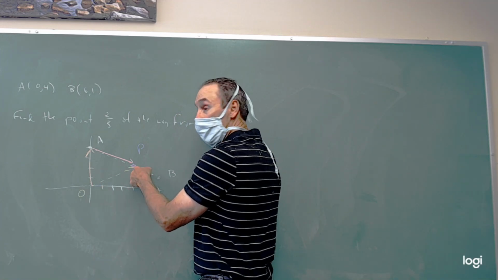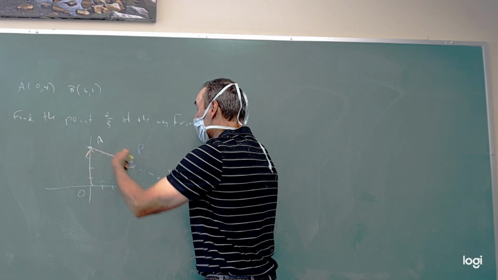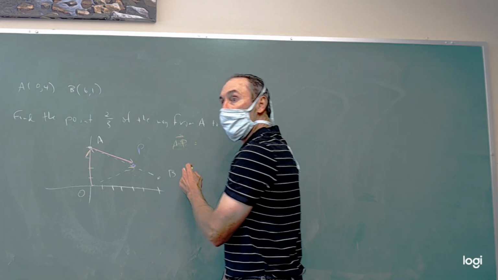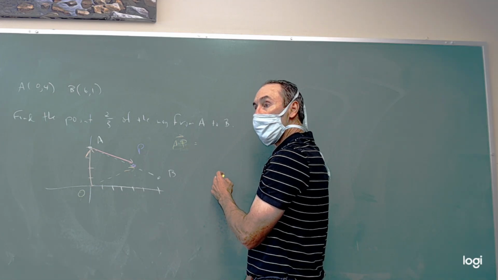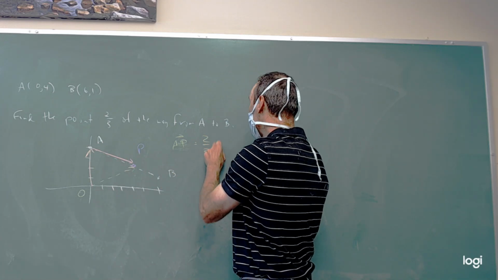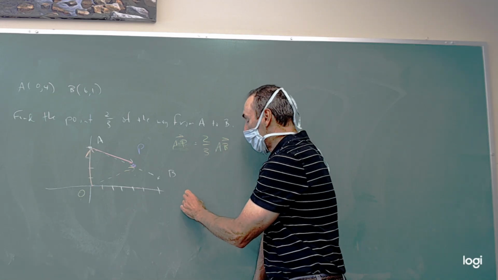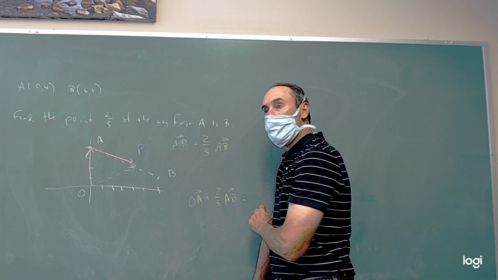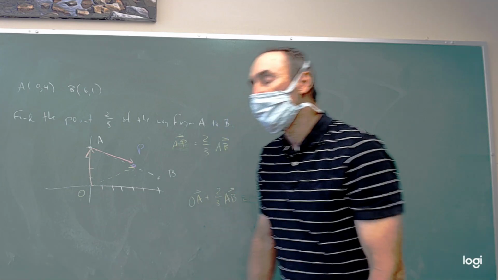And OP is going to have the same coordinates as point P. And this vector AP, we want it 2/3 of the way from A to B. It's going to be 2/3 of AB. So we'll go OA plus 2/3 of AB. And that'll be a vector, but then we just drop the vector symbol and get the coordinates. All right. Very nice.